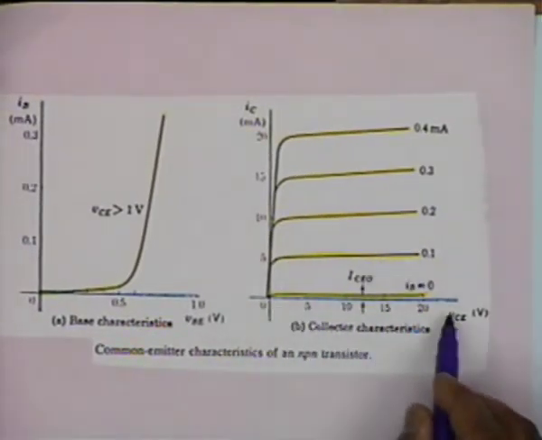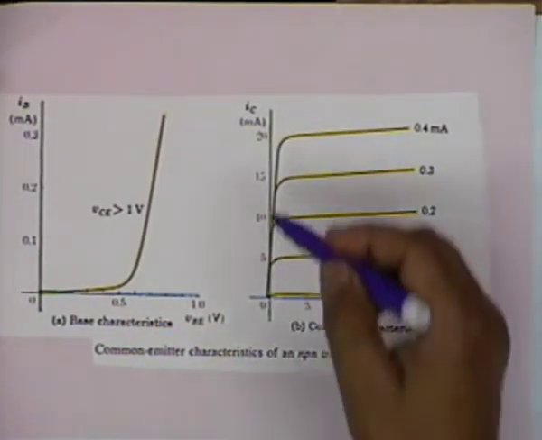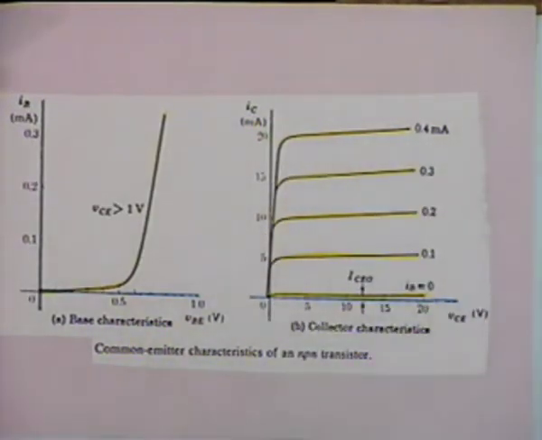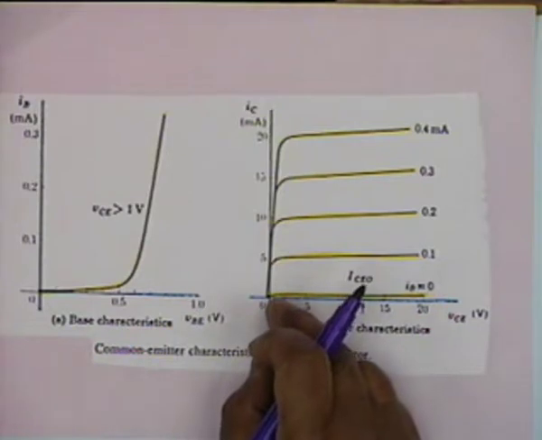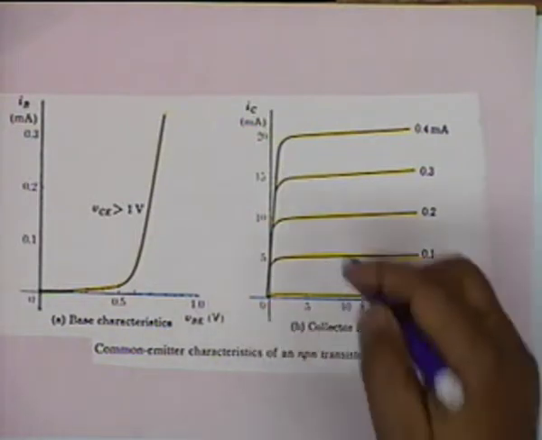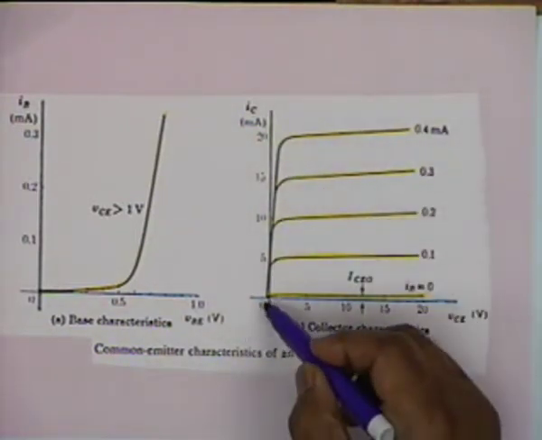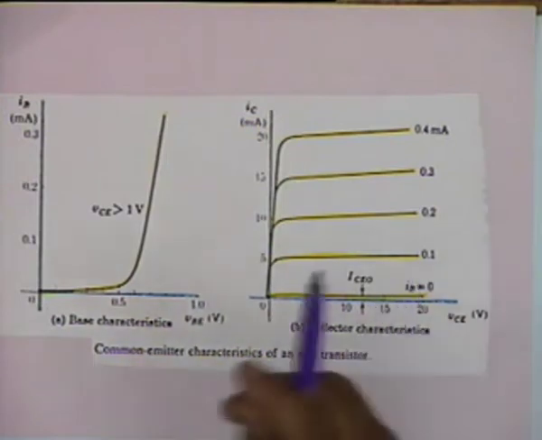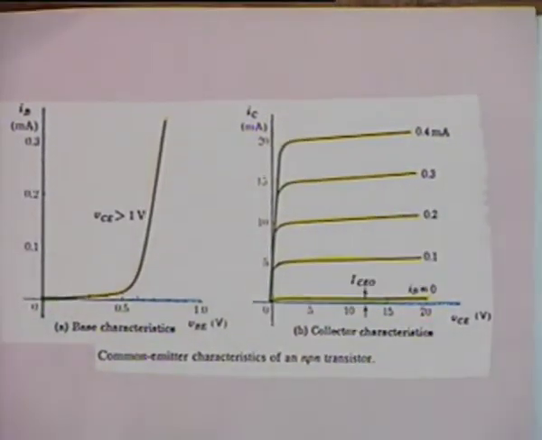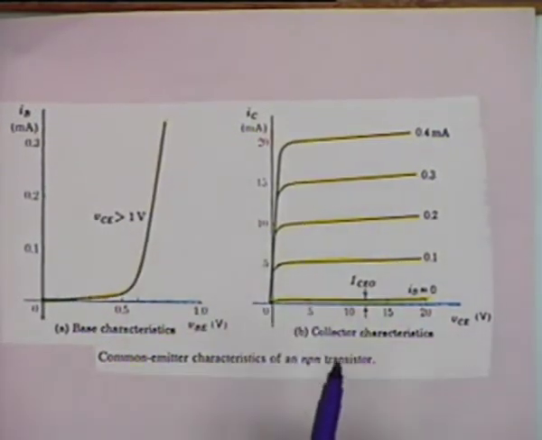It is almost parallel to the V_CE axis, except for this region where V_CE is so small that the collector base junction can no longer be reverse biased. It becomes forward biased, and this region where the current increases with V_CE is a very small region, and is called the saturation region. We shall come back to this later.